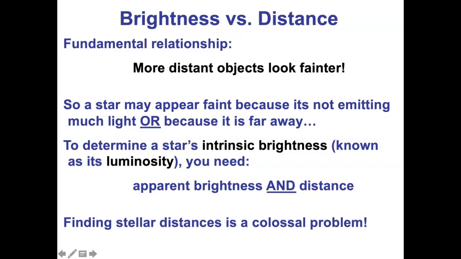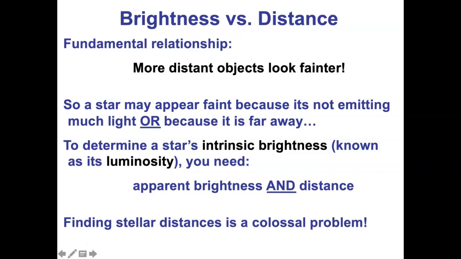And so that's why measuring the distance to stars is such a constant problem in astronomy, right? If you don't know how far away objects are, then all you're doing is saying what they look like from here on Earth, but you can't get to the real physical properties of the stars.